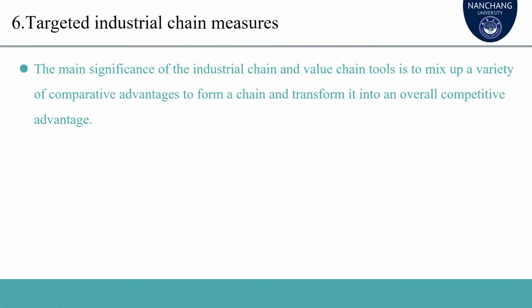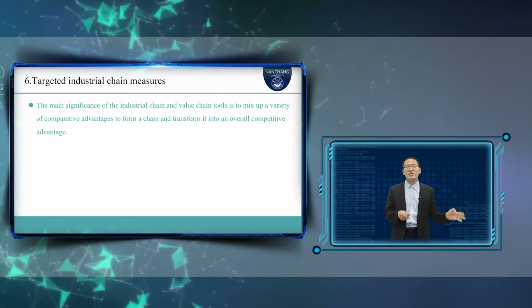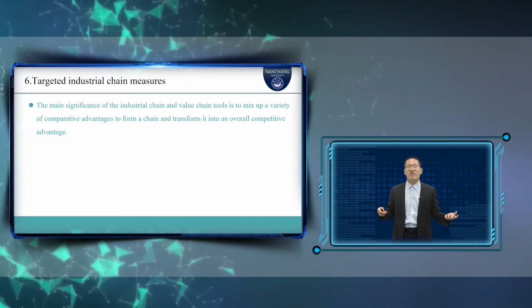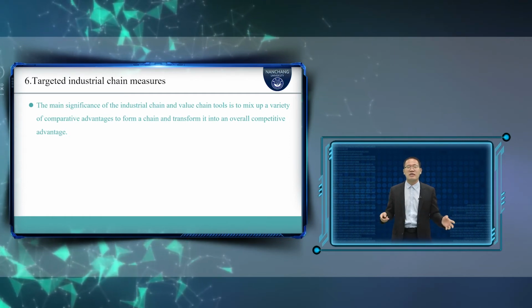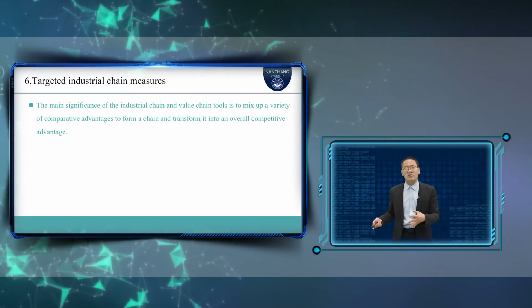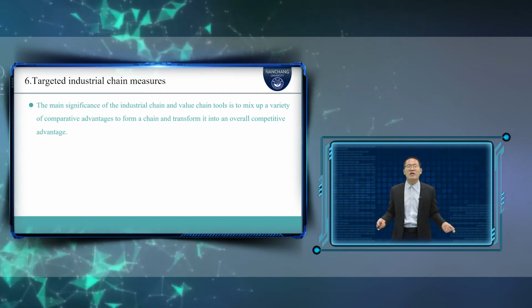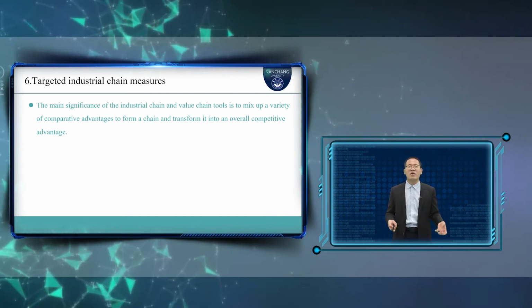The main significance of the industrial chain and value chain tools is to superimpose a variety of comparative advantages to form a chain and transform it into an overall competitive advantage. A single comparative advantage often fails to form a sustained and strong competitive advantage, and it may also make the county a source of cheap production factors.